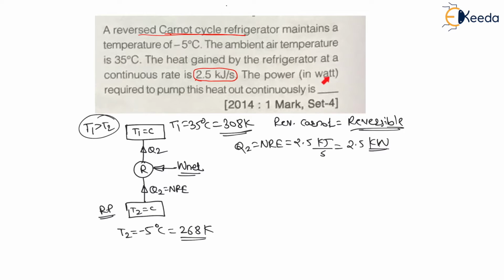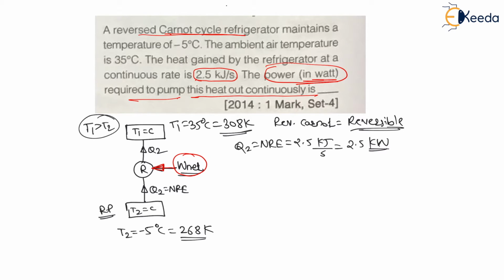Now the power in watt required to pump this heat out continuously is asked. Here the question is the power in watt, meaning the work consumed by the refrigerator. We have to remove this amount of heat continuously from the refrigerated space, so that the work required is in watt.